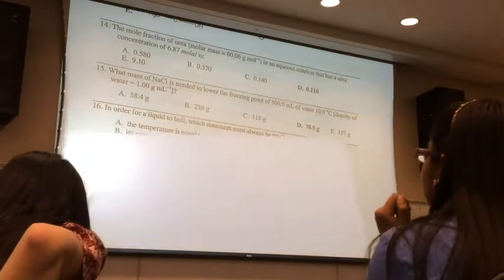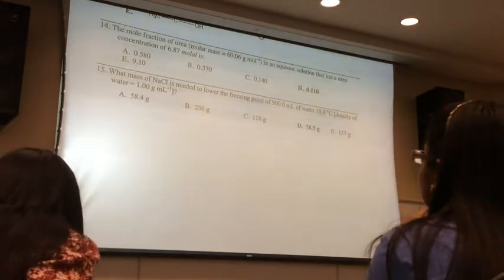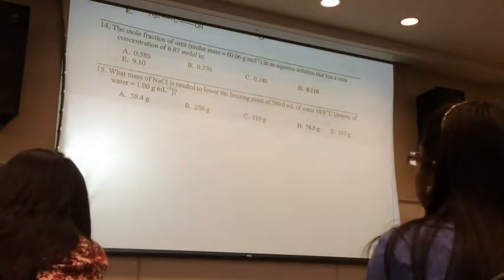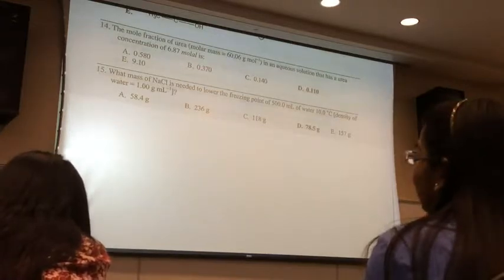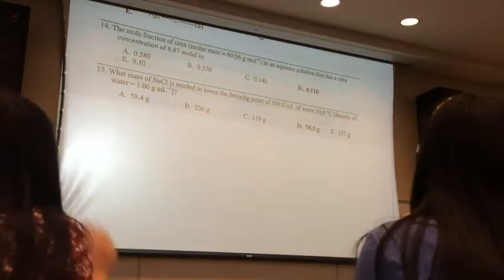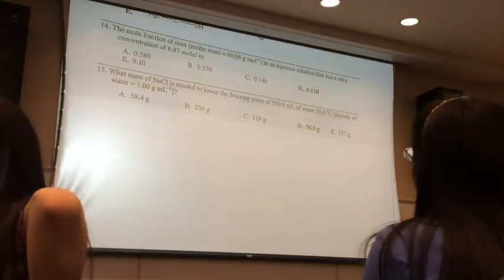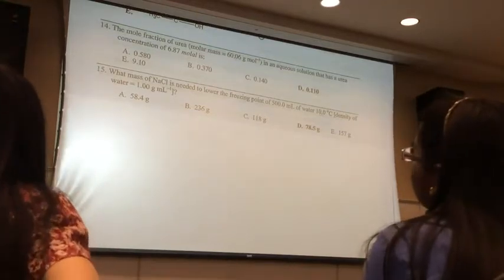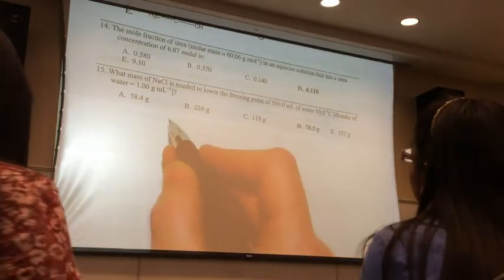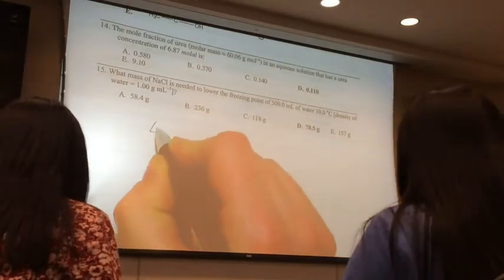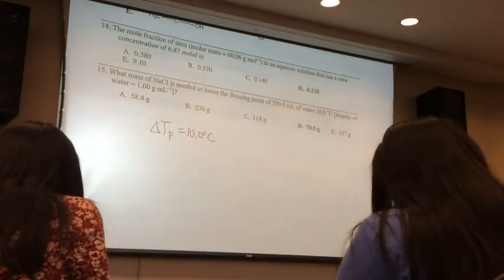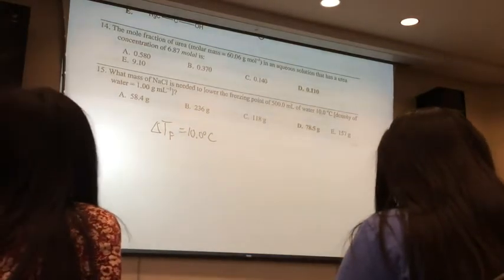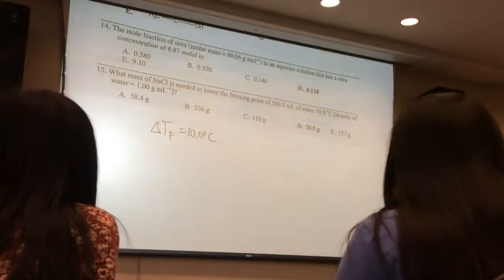All right, 15. What mass of sodium chloride is needed to lower the freezing point of 500 mL of water by 10 degrees? And you're given the density of water. Okay? So, reading what this is, we're lowering the freezing point. The change in the freezing point is 10 degrees, which means the freezing point of that solution is minus 10 degrees, right?